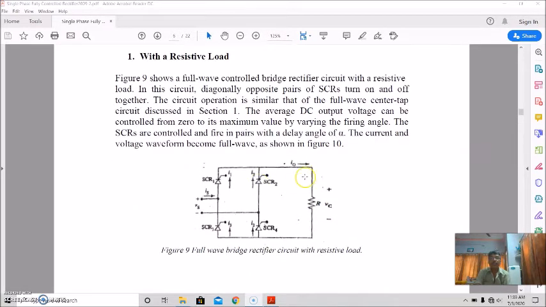So actually this is the current through SCR1, this is the current through 2, this is I3, and this is I1, this is I2.